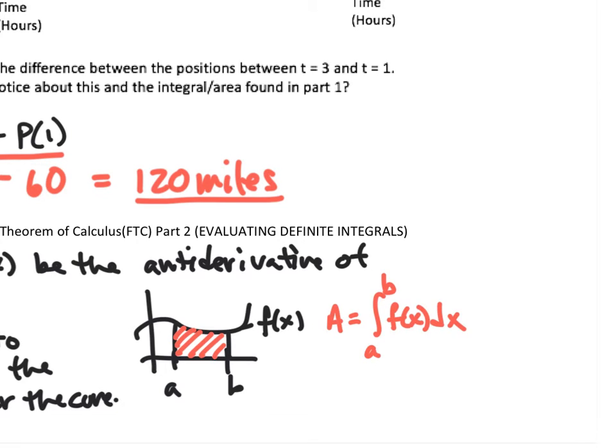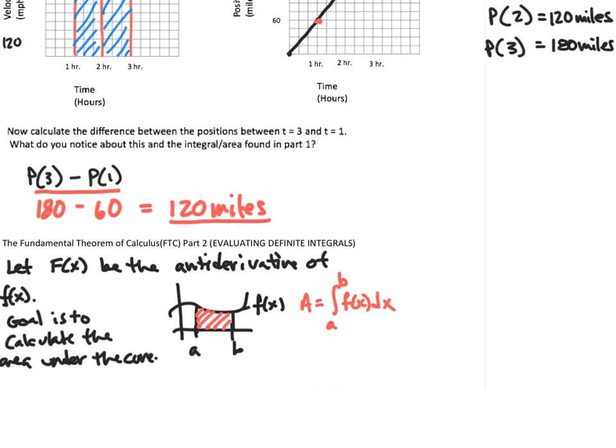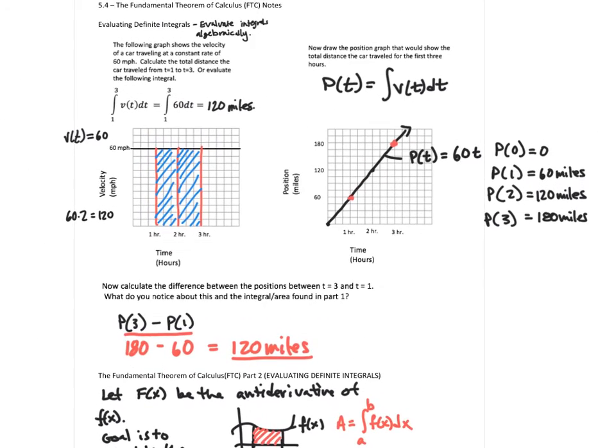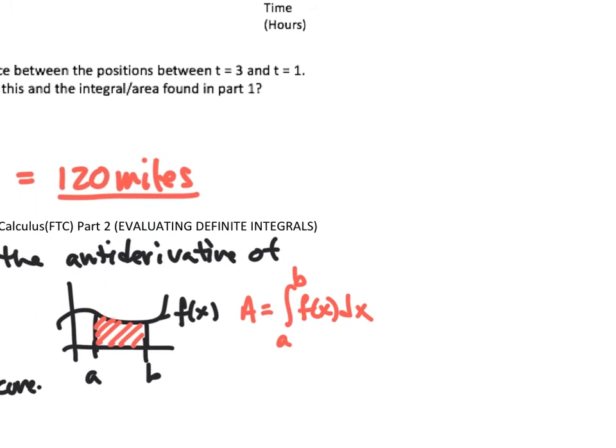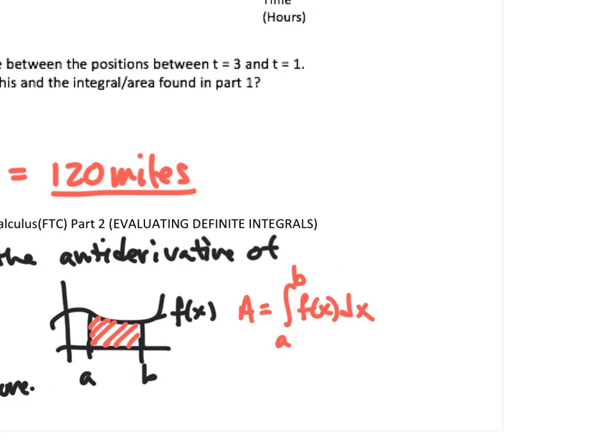Now, if we follow the same idea that we did here, then we can apply it here. If we take the antiderivative of f, which gives me big F of x, then I can find the area by taking F of my upper bound b and subtracting the antiderivative evaluated at a.